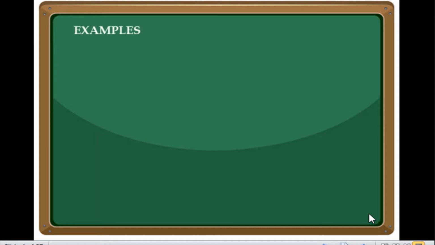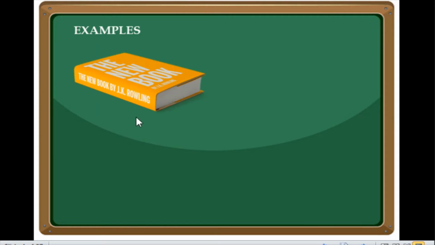You can see a lot of examples of equiangular quadrilaterals in real life. Example number 1. What is this? Good job! It is a book. And a book is an example of an equiangular quadrilateral.